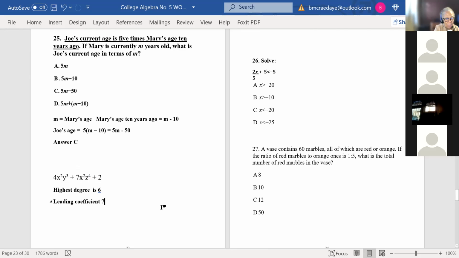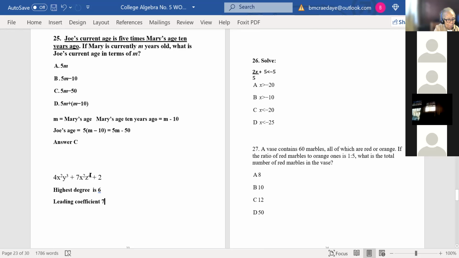You got it, Audrey? Hold on, wait, I'm going to forget. So you said in front of the term with the highest degree? Say what you said, Audrey. In front of the term that has the highest degree is the leading coefficient. See, that 7 is the coefficient in front of this term, 7x to the second, z to the 4th.